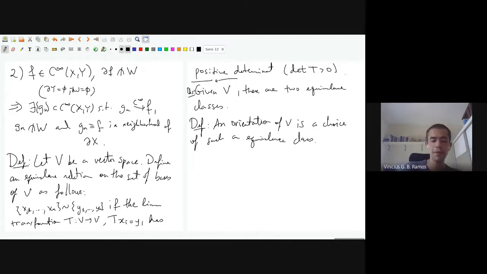Now let's talk about what an orientation on a manifold is. That's a little bit more subtle. Let X be a smooth manifold.